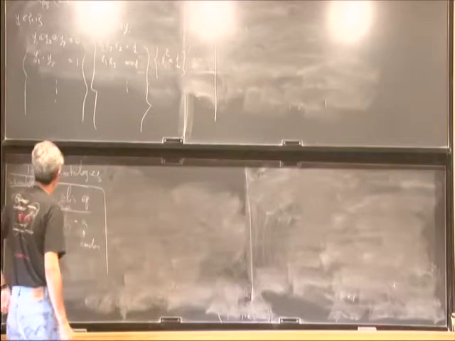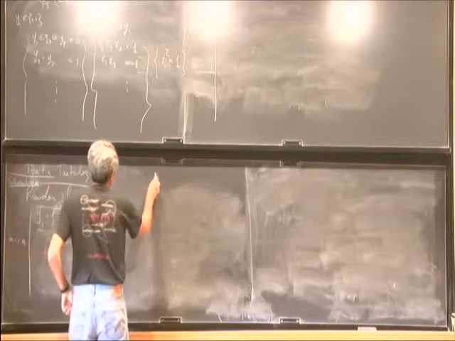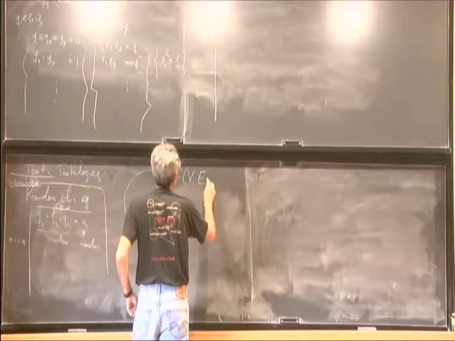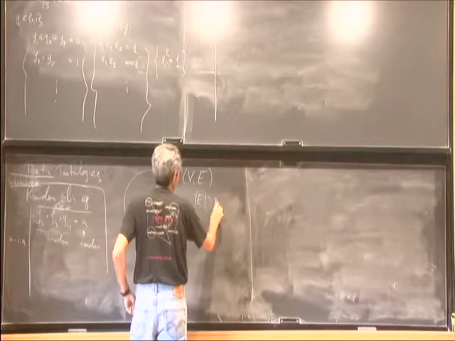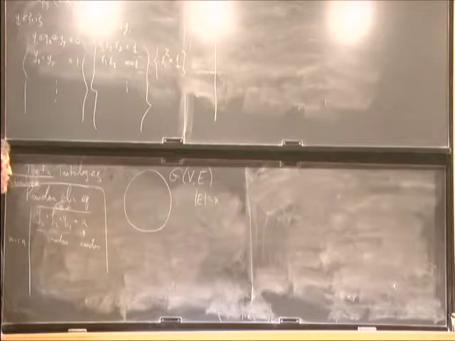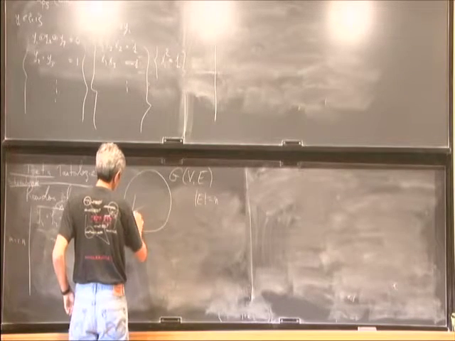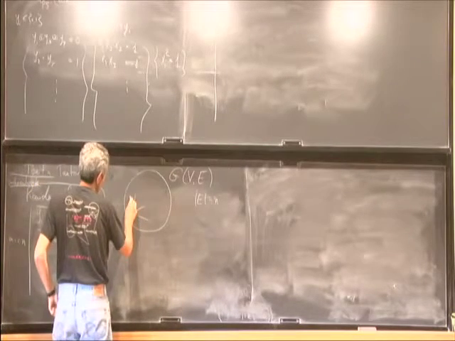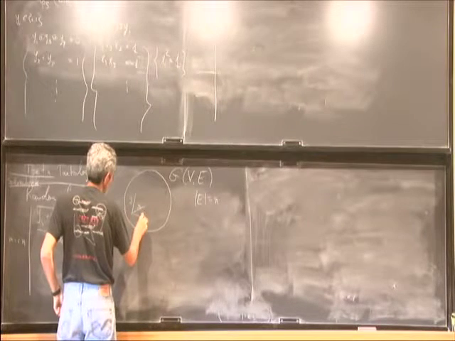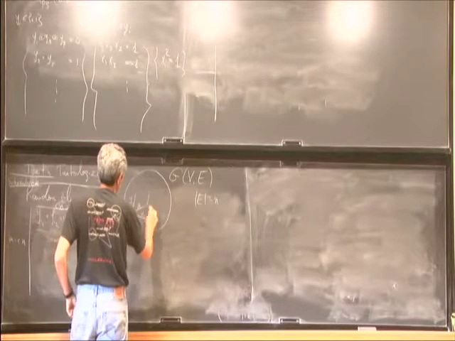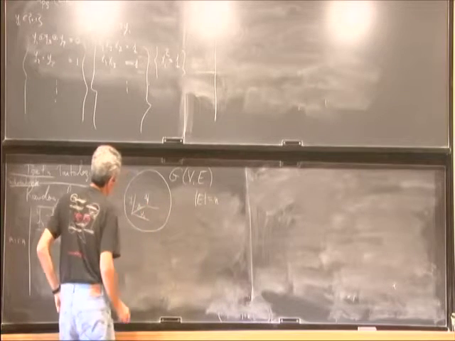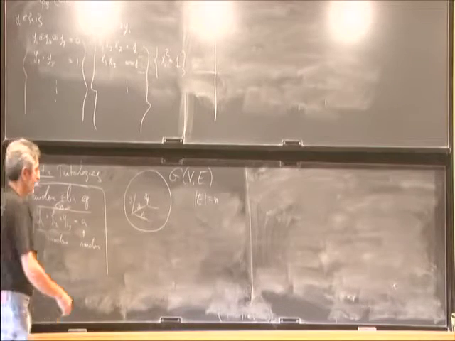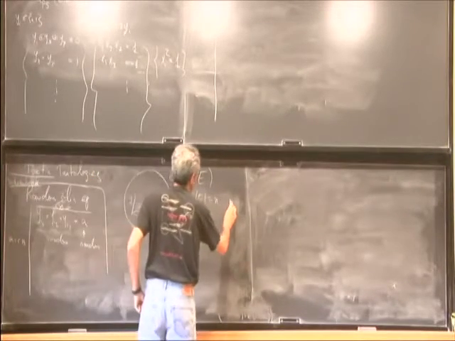What are the Tseitin tautologies? You take an arbitrary graph, and for obvious reason, we look at the edge set to be n, because the variables will be on the edges. So these variables y1, y2, y3. Let's assume that the number of vertices is odd.